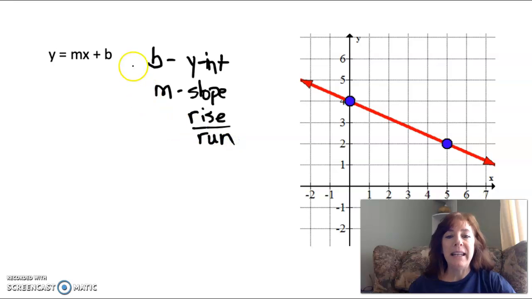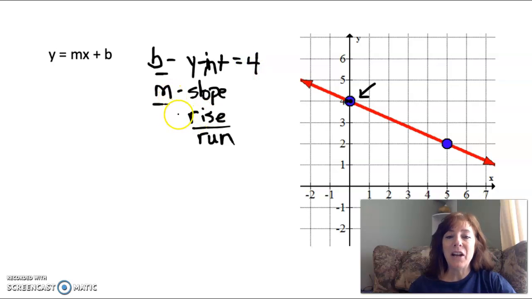All right, so we need a b value for a number and we need an m value for a number. b is the easiest one. For b, that's your y-intercept. That's where your line hits the y-axis. And so all we have to do is find the y-axis and see that it crosses y at 4. So b equals 4. That was quick.